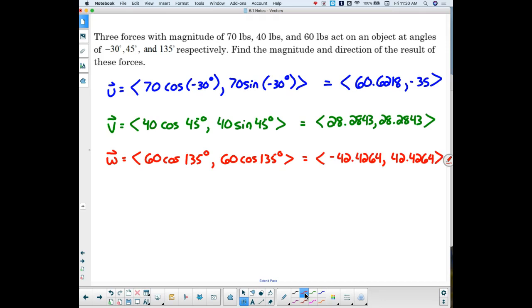Gets me that. That's supposed to be sine. Oh, yep, good call.